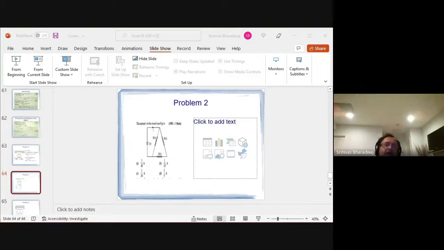So you have 2 volts and 20 ohms as the equivalent resistance. So V equals IR, 2 divided by 20, 1 by 10. Okay, very simple question.